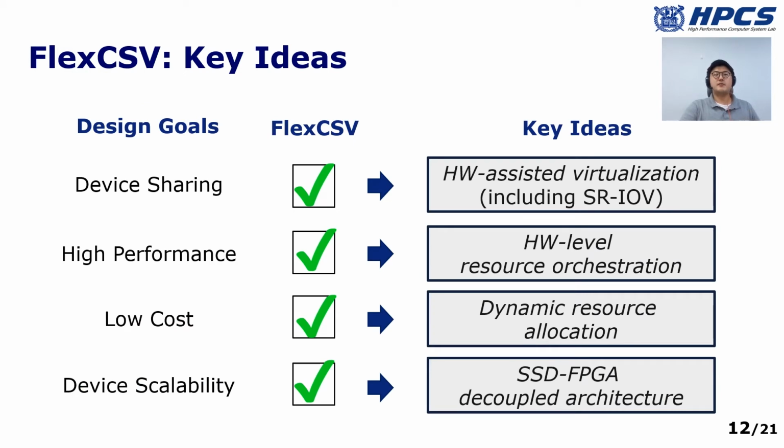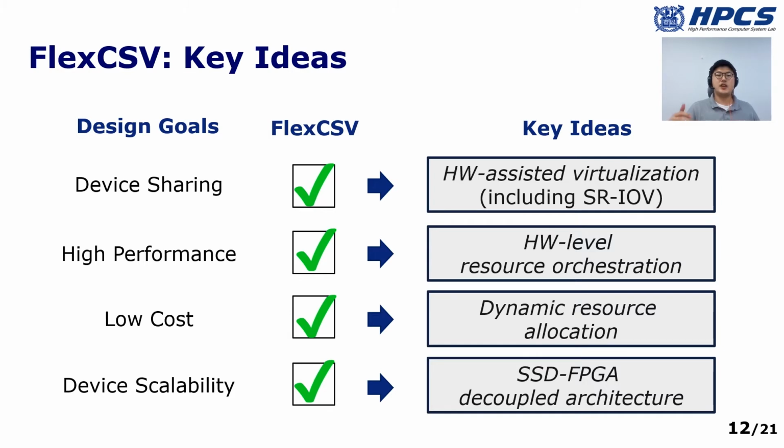This slide summarizes FlexCSV's key ideas and benefits. First, it supports device sharing by applying hardware-assisted virtualization to both computation and storage units. Second, it further improves performance by applying hardware-assisted resource orchestration.